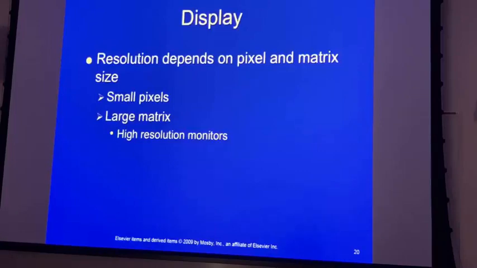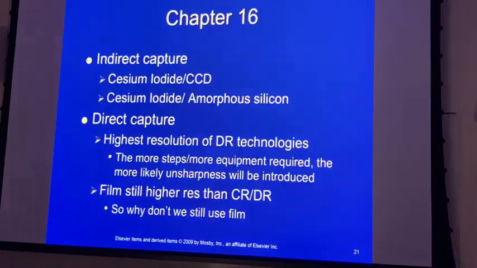But always send the doc the unprocessed image. That's not to say the unprocessed image is the ones we're looking at that don't have the histogram applied to them, right? They don't need to see that.